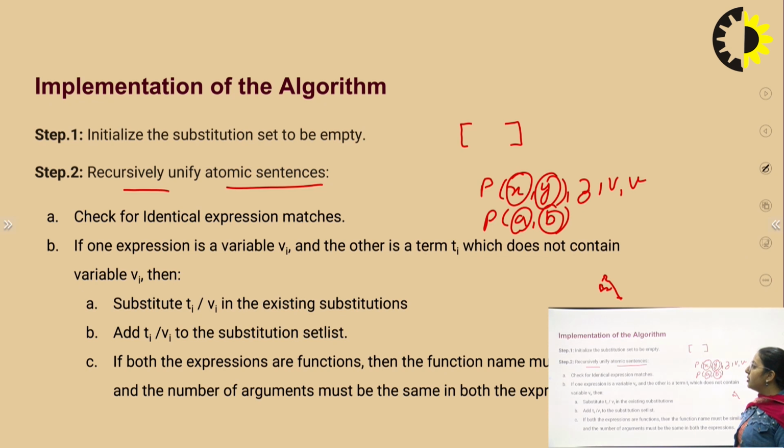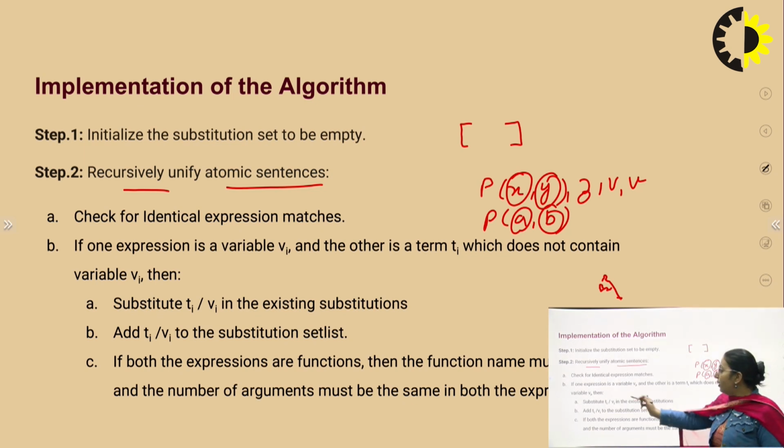So how can we unify those atomic sentences? First, check for an identical expression match. Then check what we can substitute so that both expressions become identical.